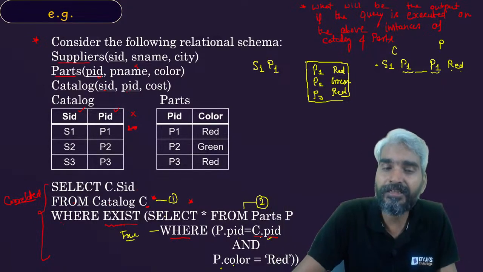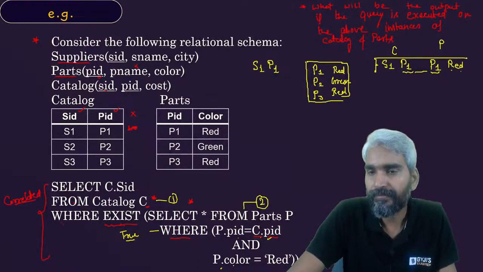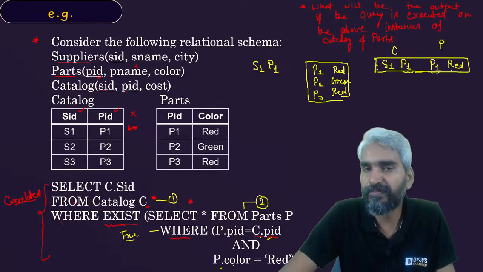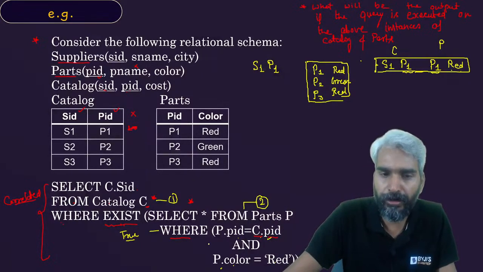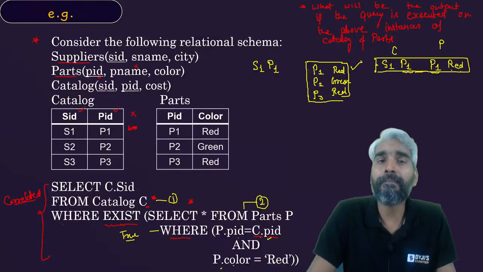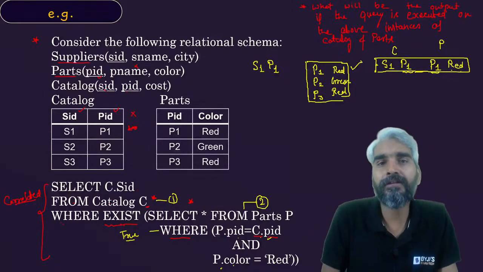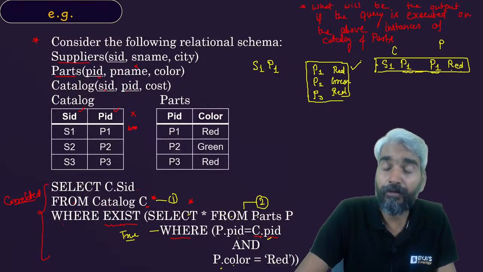If the where condition is true, then this particular thing will be selected. What will be selected? Sir, this tuple from the part table will be selected, because here we are selecting from the part table.